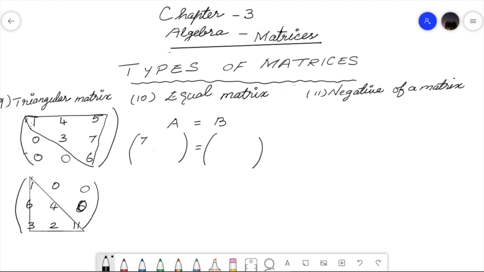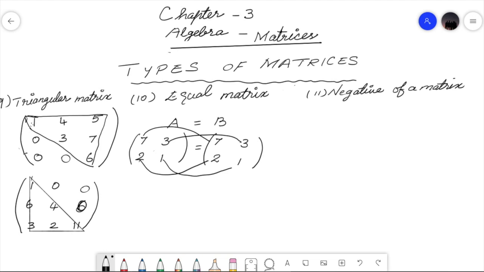If this is 7, 3, 2, 1, then here also you have 7, 3, 2, 1. The position of this one is A 1, 1, isn't it? So these two are the same. Here the position is the same. They are equal. So we say it is an equal matrix.